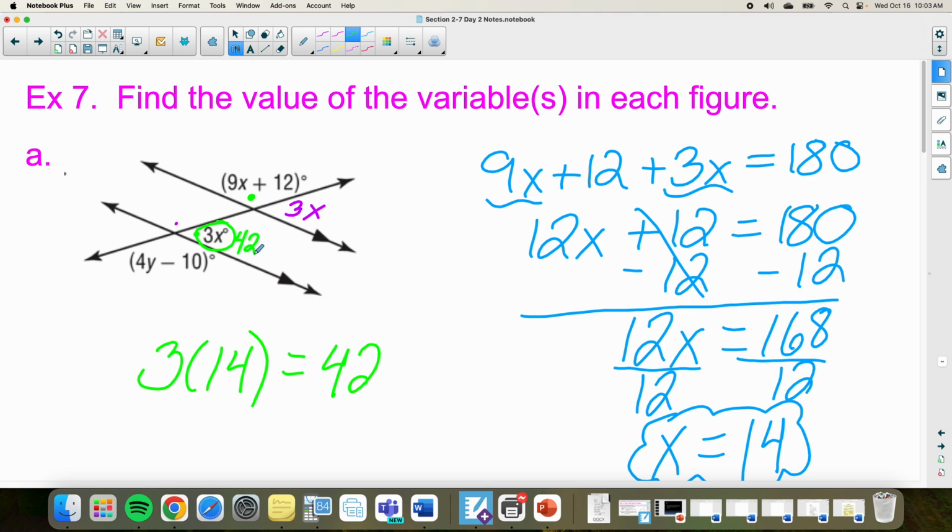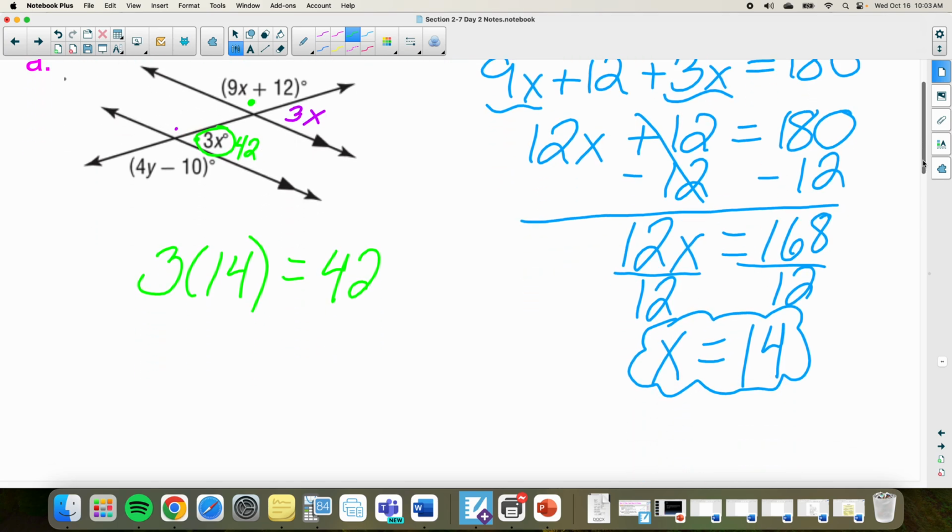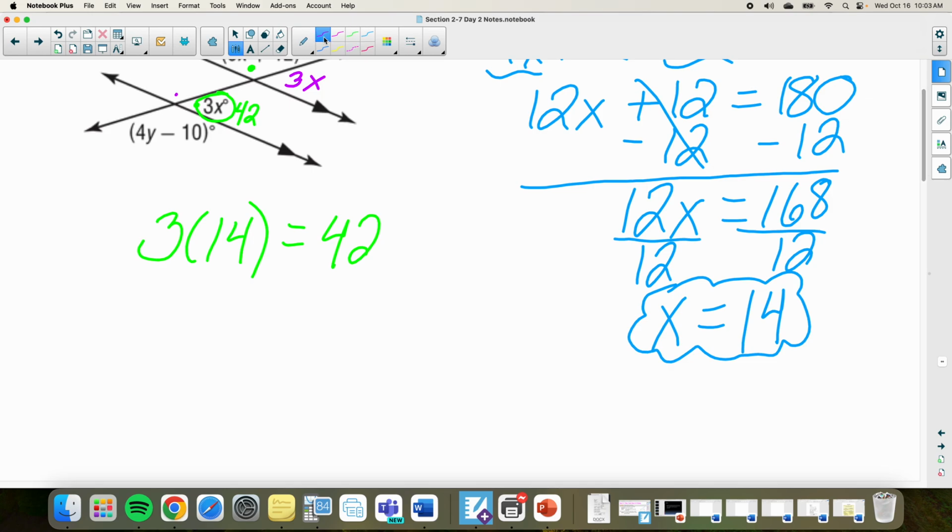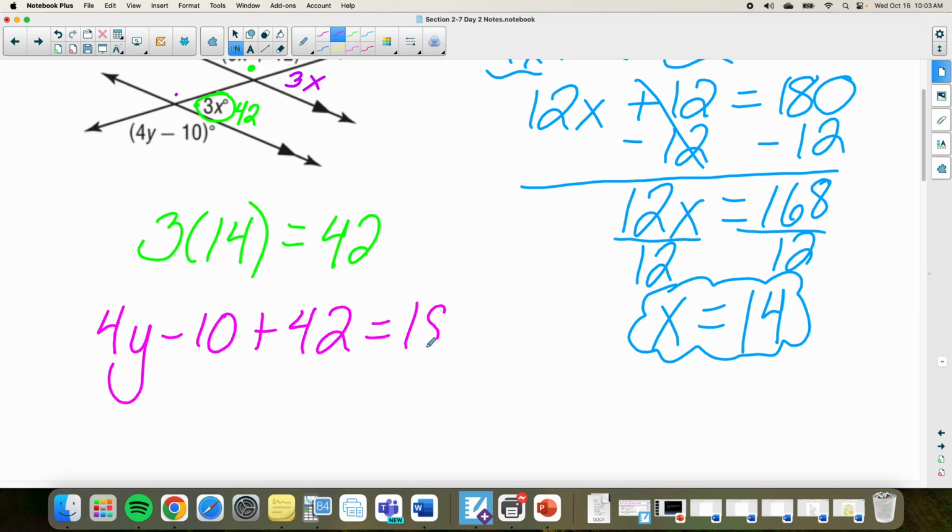Now, what would I know about those two? If they form a line, what do I know? Equal 180. So what I'm going to do is add them together. Okay, so I'm going to do 4y minus 10 plus 42 equals 180. And then I'm going to combine my negative 10 and my 42.